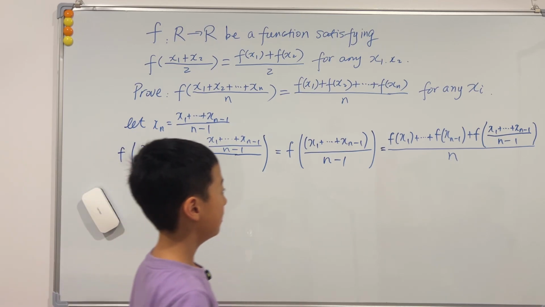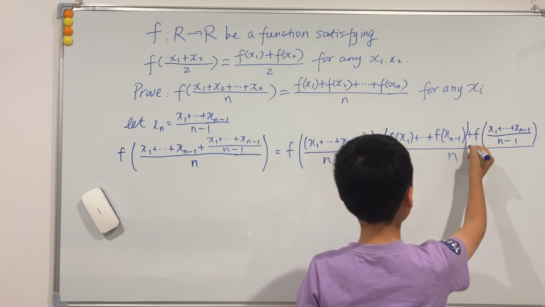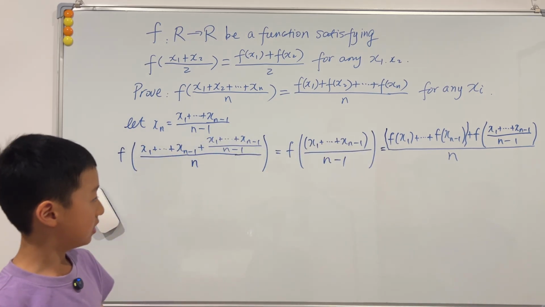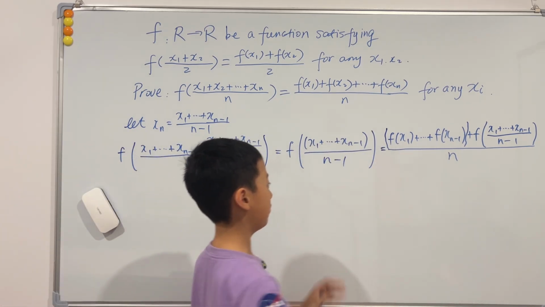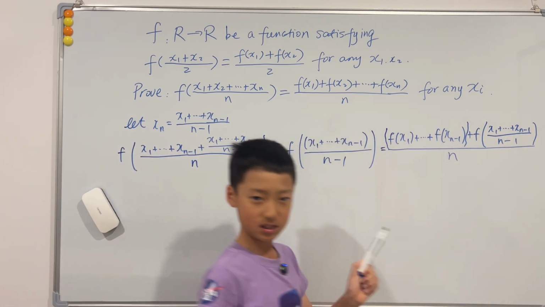So now, the first thing I'm going to do is just a little bit of this. Okay, so if you notice, on the left-hand side and on the right-hand side, we have this term. And this term is the same as this term.